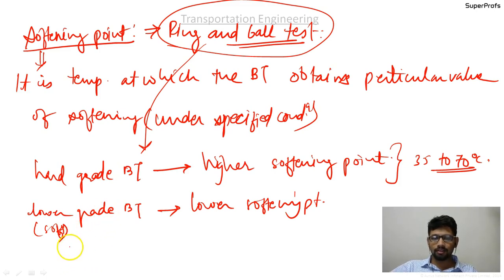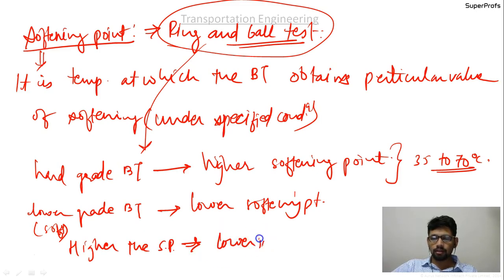I hope you understand. So please write down: the higher the softening point, the lower the temperature susceptibility.